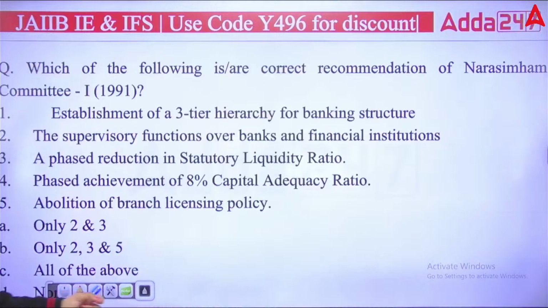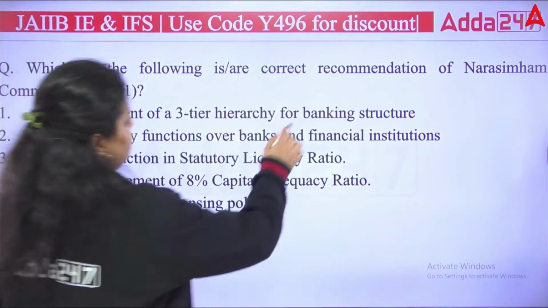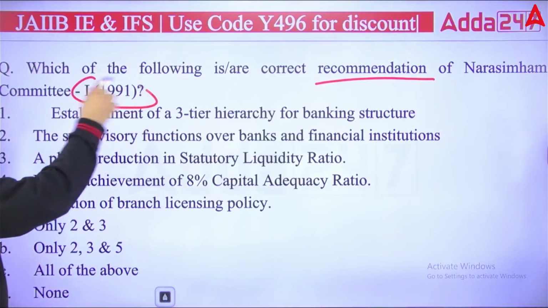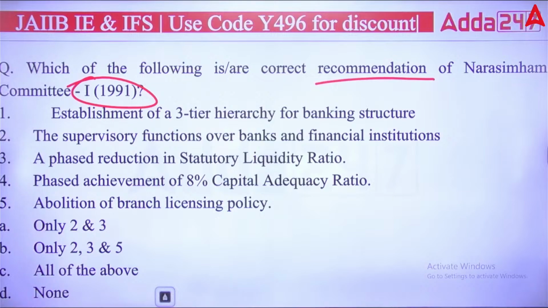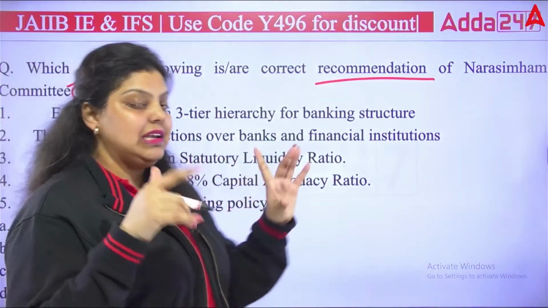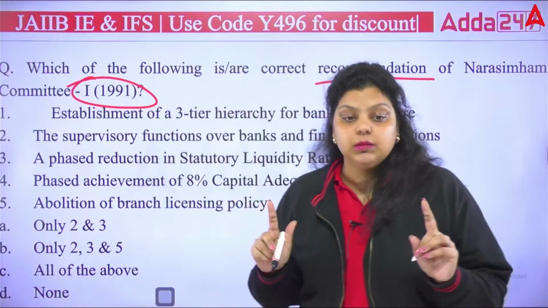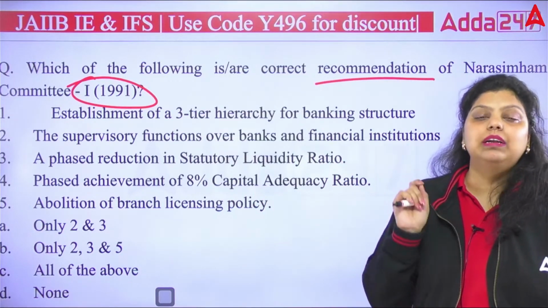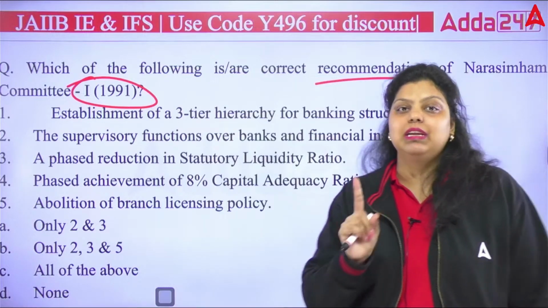Okay, next question we have here is talking about which of the following is the correct recommendation of Narasimham Committee 1, 1991. So Narasimham Committee 1 and Narasimham Committee 2 both are very important. Definitely one question will be there from the Narasimham Committee. It can be more than one, but definitely one question will be there. Do remember Narasimham Committee 1 and 2, cover them very carefully.